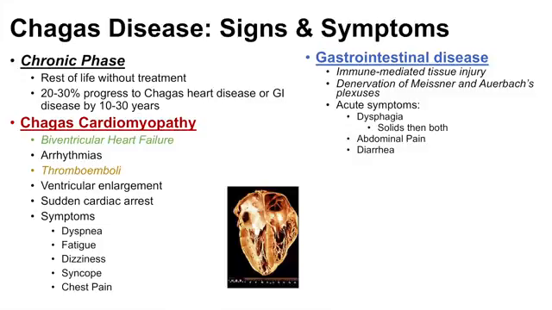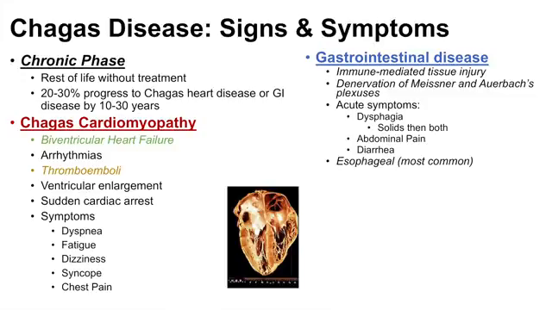Patients can have symptoms such as dysphagia. They start with dysphagia for solid foods, and then they progress to dysphagia for both solids and liquids. Patients also have abdominal pain and diarrhea.